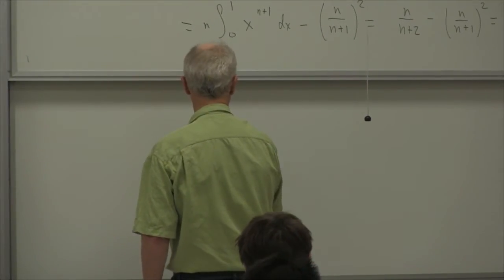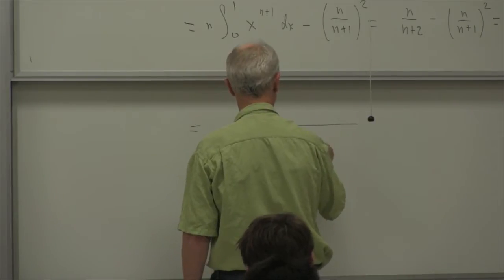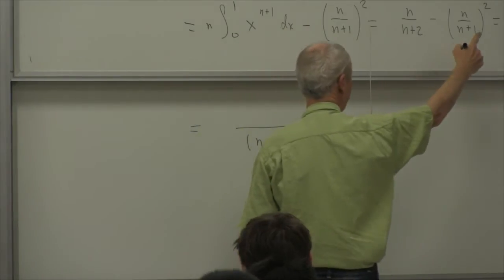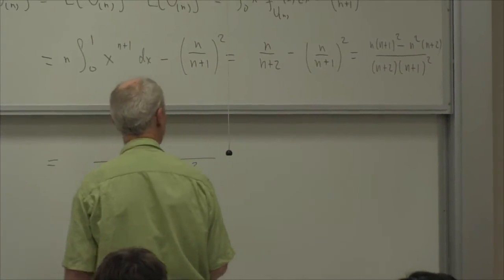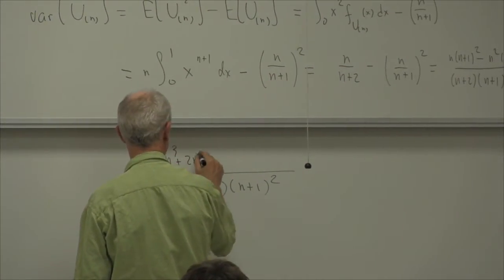And what does this become? When I multiply the first term out here, I get n squared plus 2n plus 1. But I multiply that by n, so I get n cubed plus 2n squared plus n.